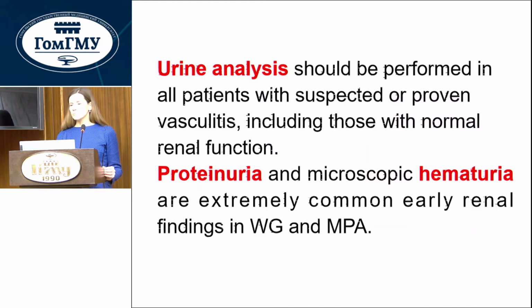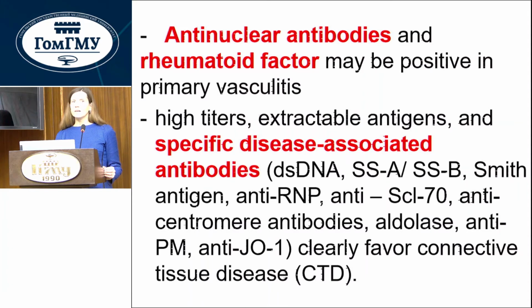And specific antibodies like anti-DNA antibodies, anti-Sm antibodies, anti-Scl-70, anti-centromere antibodies, and anti-Jo-1 antibodies clearly favor connective tissue disease and also may be present. Lupus anticoagulant and anticardiolipin antibodies may also occur in vasculitis.